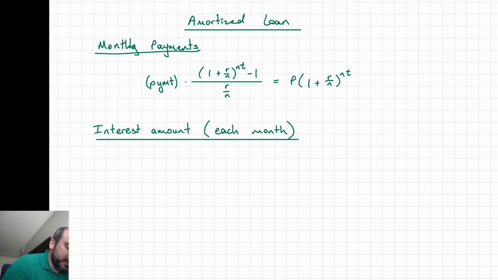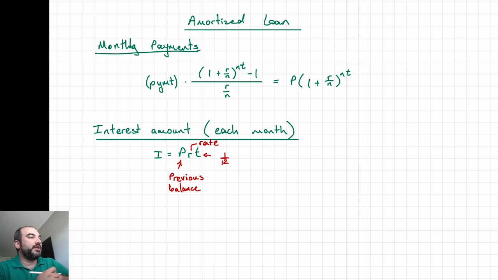For the interest calculation, we're just going to use our typical interest formula, which is I equals P times R times T. A couple of things to note here is that P is going to be the previous balance. R will be the rate, and time will always be 1 over 12, because the time for each interest calculation is 1 month. So we're calculating 1 month's worth of interest whenever we're doing this.